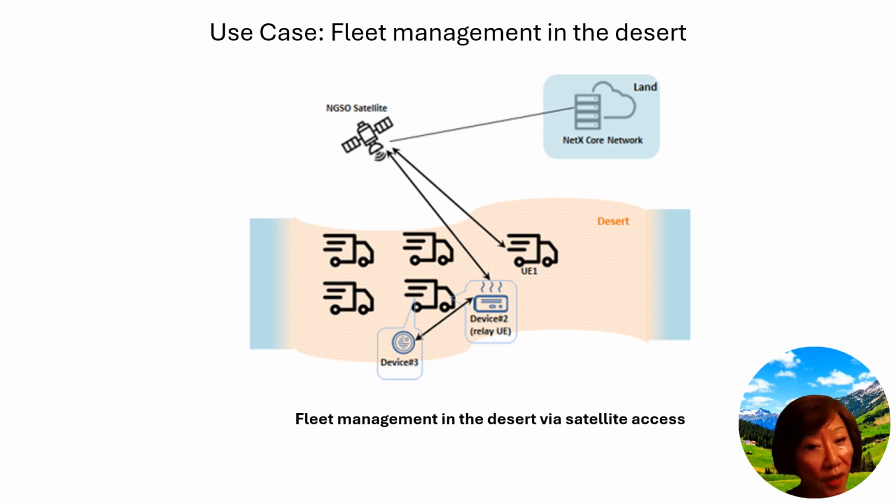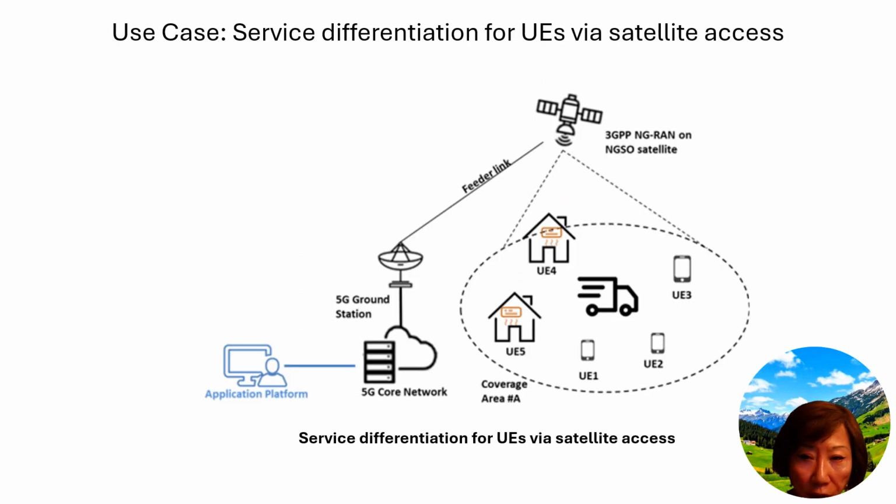Network topology can be flexible, and the integration of both satellite and terrestrial networks needs to be seamless and can be seamless. So this kind of support enables critical business operations like fleet management. All right, so this is an interesting use case in a desert.